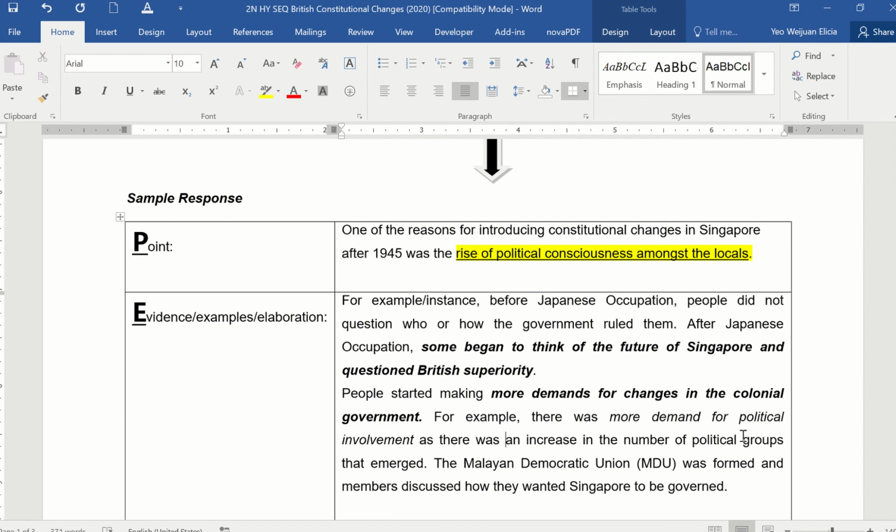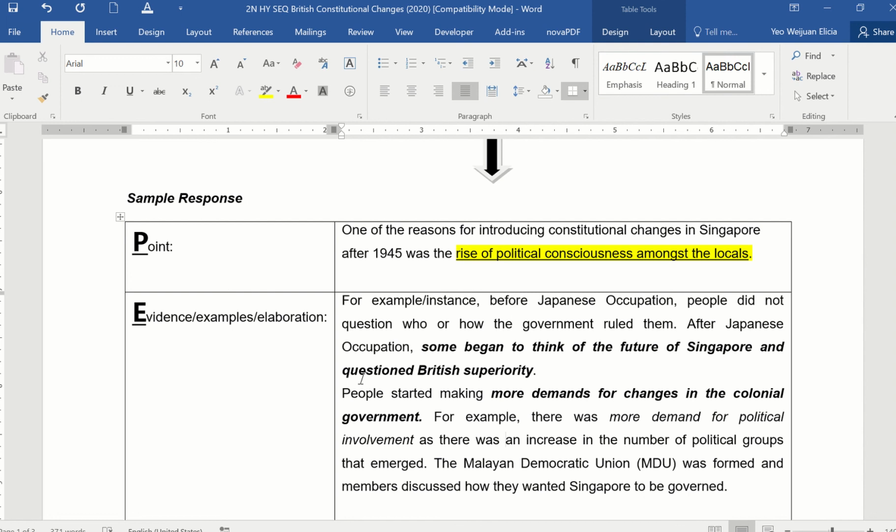So this is just how one point should be written. You have the main point, the main reason being the rise of political consciousness, and I elaborated on it. So I elaborated on how the rise of political consciousness came about, when they started to question British superiority.